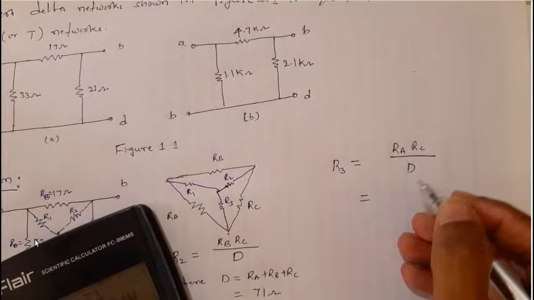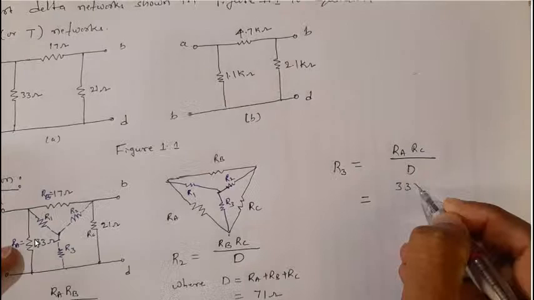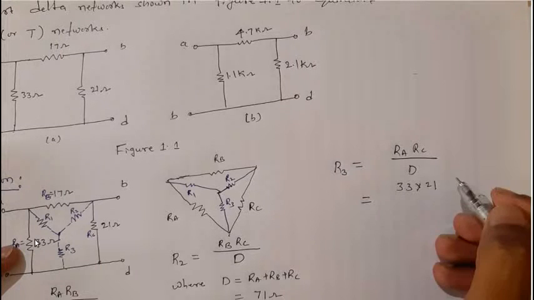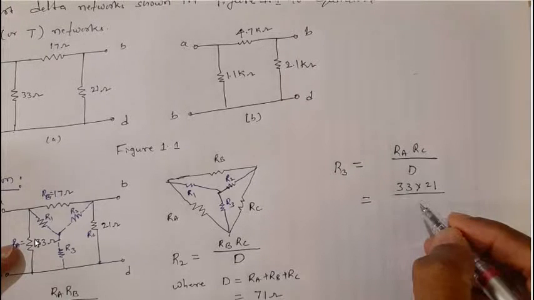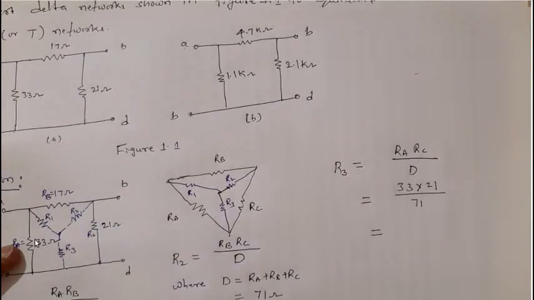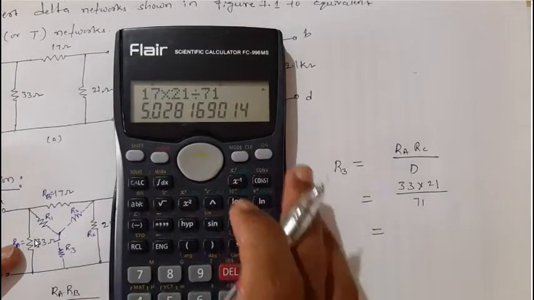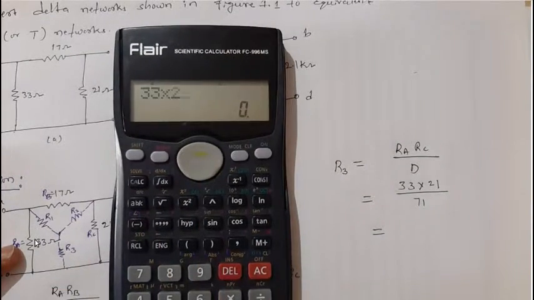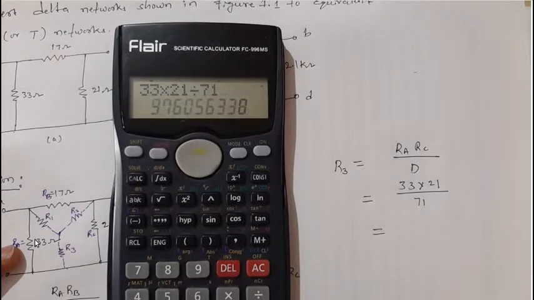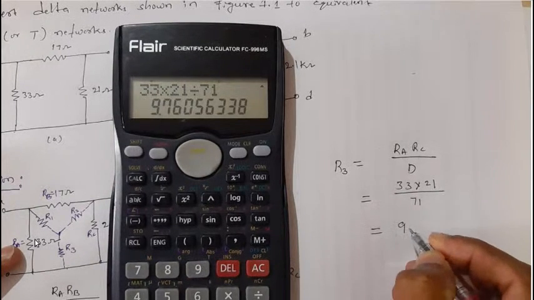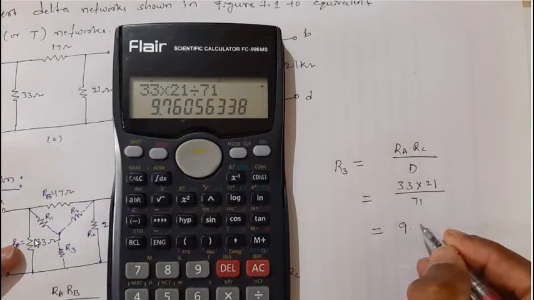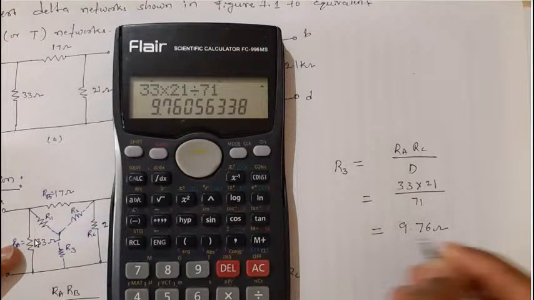RA is 33 ohm, RC is 21 ohm, divided by D, which is 71. So 33 into 21 divided by 71 is 9.76 ohm, that is R3.